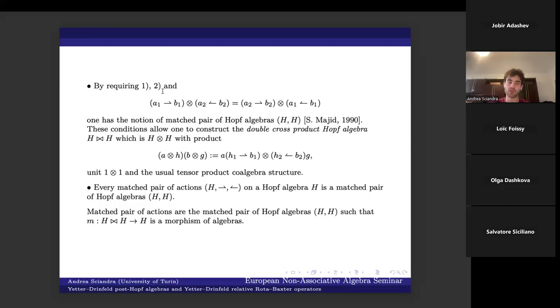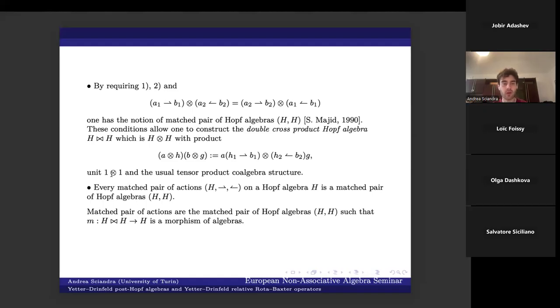And these conditions, so 1 and this here, are exactly those that you need to define the so-called double cross product algebra on H, which is just given by H tensor H as a vector space, with this product that deforms the standard tensor algebra product using the left and the right action, unit just given by 1 tensor 1, and the tensor product coalgebra structure. You also have an antipode obtained using left and right action, but now we don't need it.